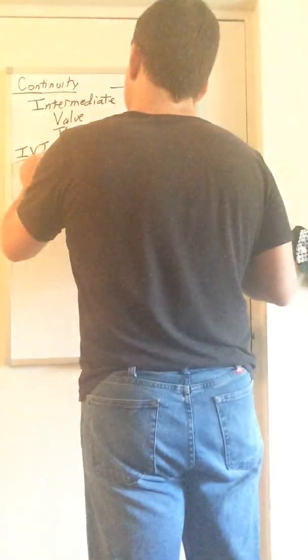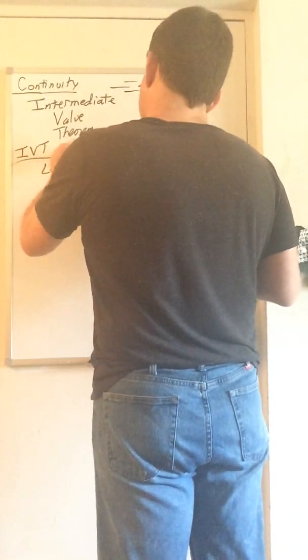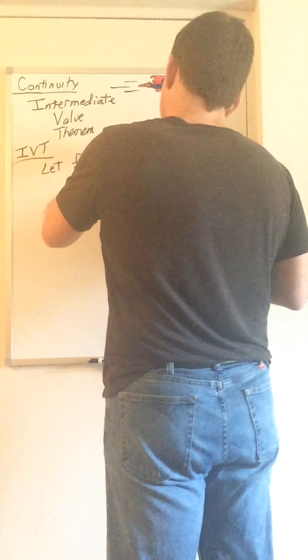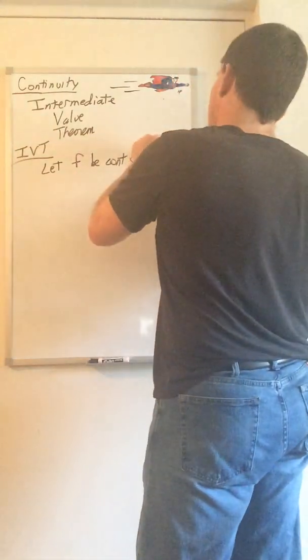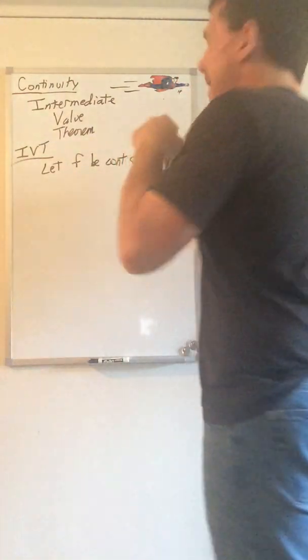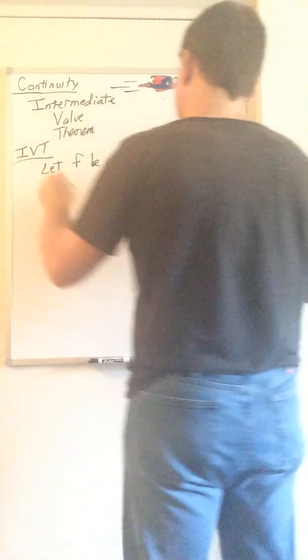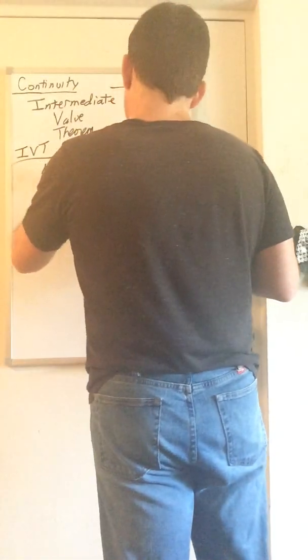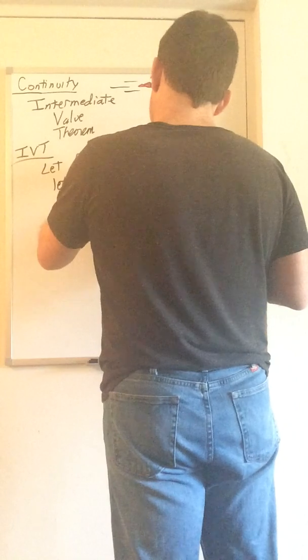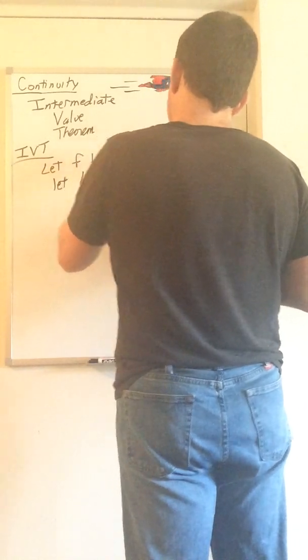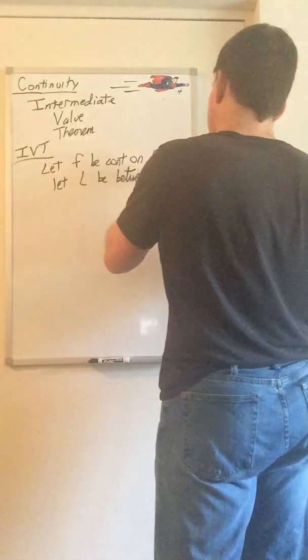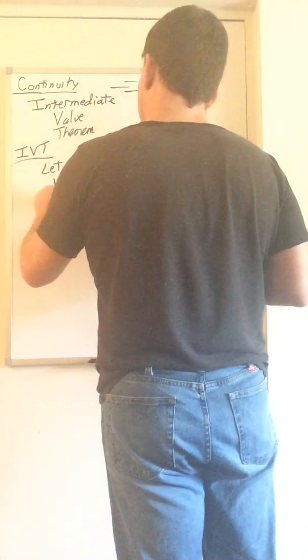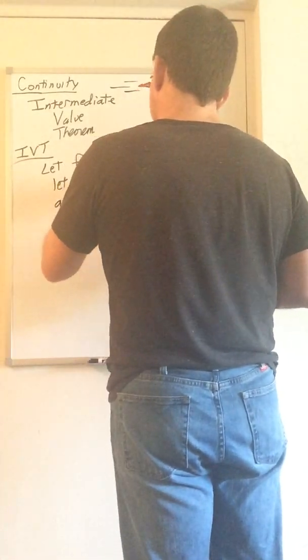I'm going to write it out first, and then we'll just look at it. Let f be continuous on the closed interval AB. And that interval has to be closed for this to work. Let L be between f of a and f of b.